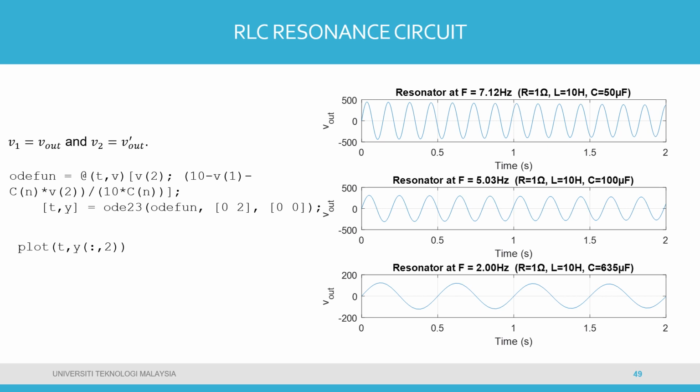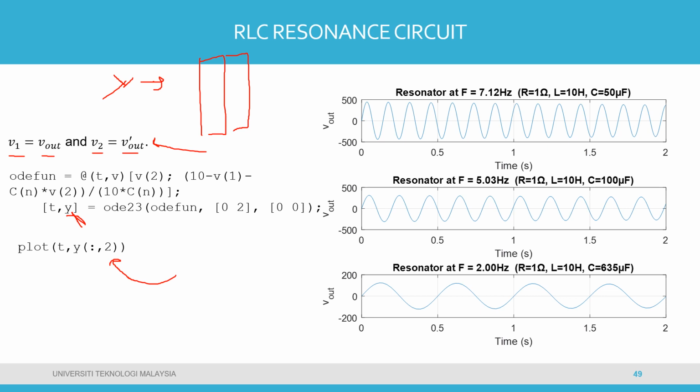Okay, so remember that I said that you take number 2, right? So if you look back at the y created here, if you look at the data, you can see that there are 2 columns. Okay, so which is which? How to detect that? Basically your derivation. In your derivation, you said that v1 is v out and v2 is v out bar.